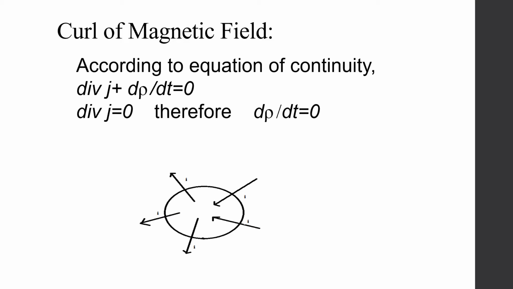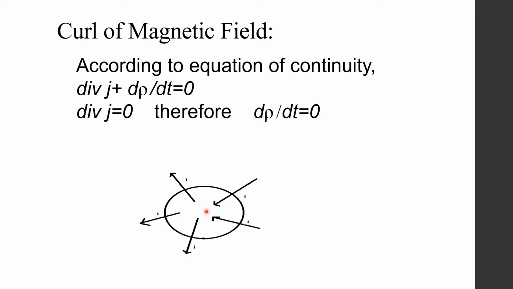Let us consider a figure given here, and we are going to consider a volume distribution of current. Let the current density at any point in this volume be vector J. This current density varies from point to point in this volume, but is time independent.